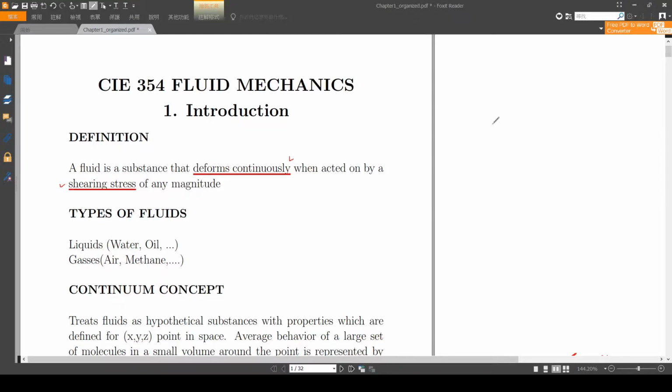You can just imagine a solid substance like copper. So this is a copper. This is also a cube, okay? And then I just stick a copper cube on the floor, and then apply a force, like what we just introduced. I apply a tangential force here in this direction. Then what will happen?